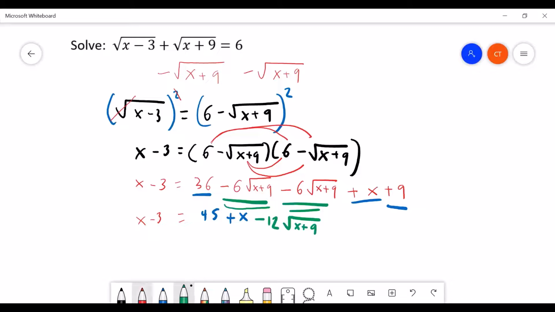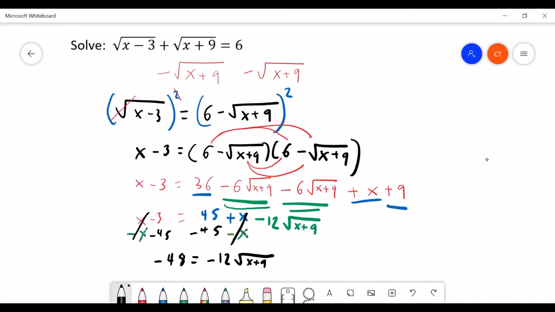Again, we want to get that square root by itself, so let's subtract 45 from both sides of the equal sign. And also, let's subtract x from both sides of the equal sign. Notice that on both sides of the equation, the x's end up canceling, so you will end up with negative 48 equals negative 12 square root of x plus 9.